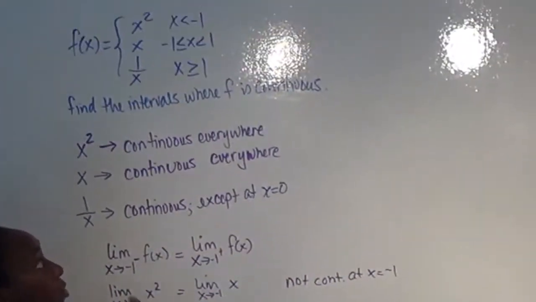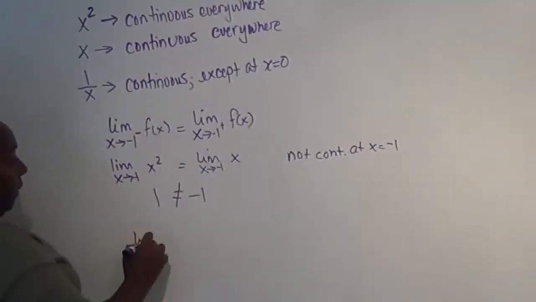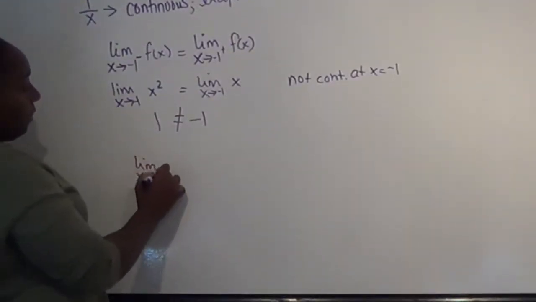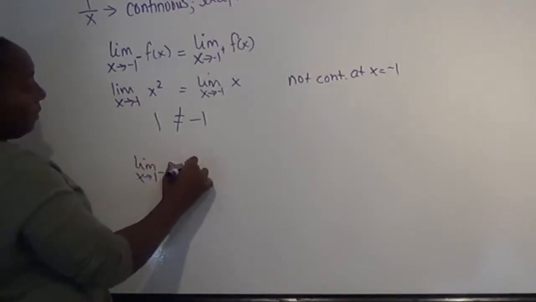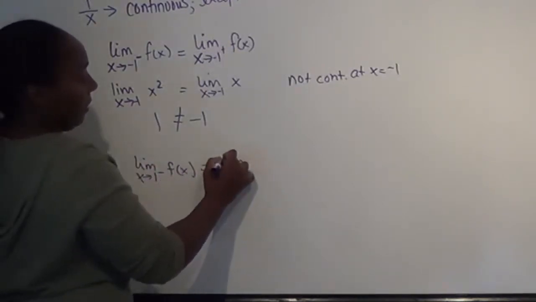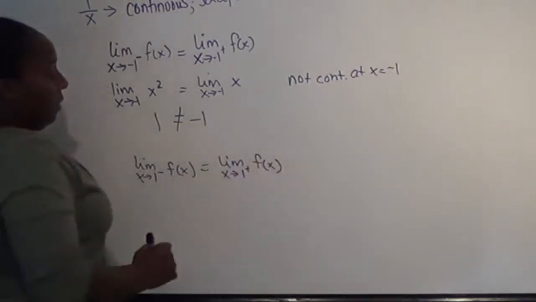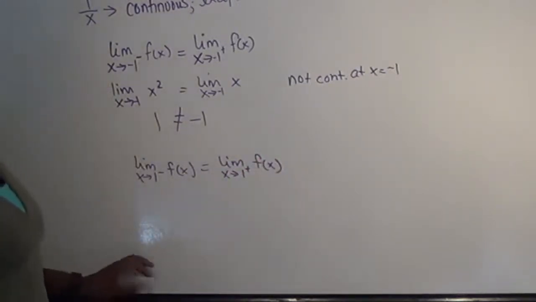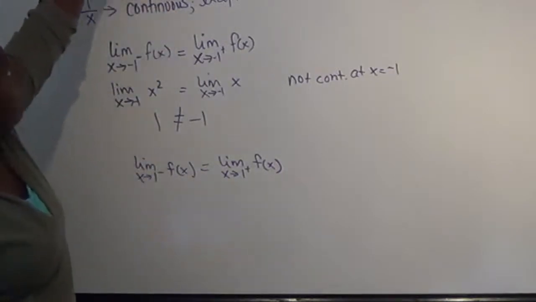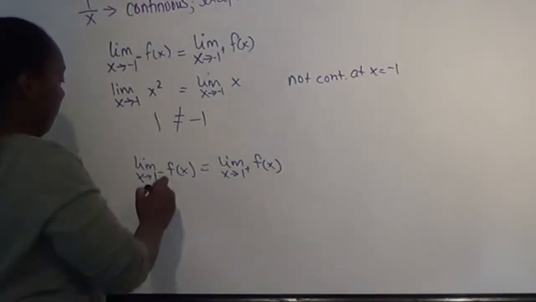Okay. We need to do the same thing with our other break. So the limit as x goes to positive 1 from the negative side, and the limit as x goes to positive 1 from the positive side. Okay, so from the negative side, we're back to looking at the x equation.